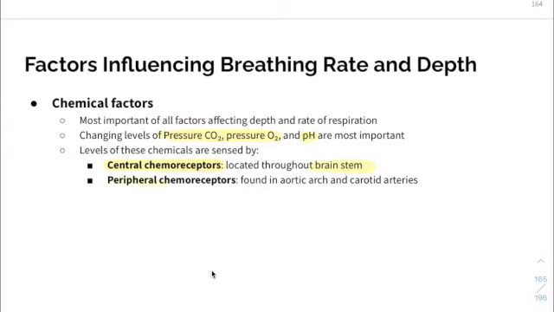We also have peripheral chemoreceptors. Peripheral means outside the central nervous system. In your aortic arch and carotid arteries, there are chemoreceptors that monitor your oxygen and carbon dioxide levels. They are all going to play into what is occurring.